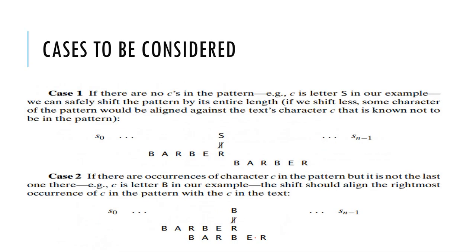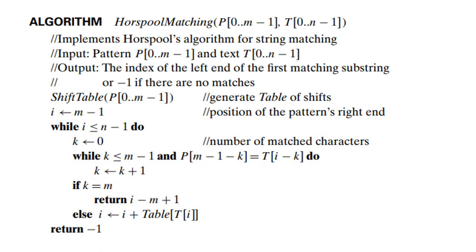Okay, so in the Horspool matching algorithm, we are taking the pattern string in the text string. What you do here is take the shift table. So we generate the shift table and keep it, and then we have to see the position. The position of the pattern's end will be m minus 1.